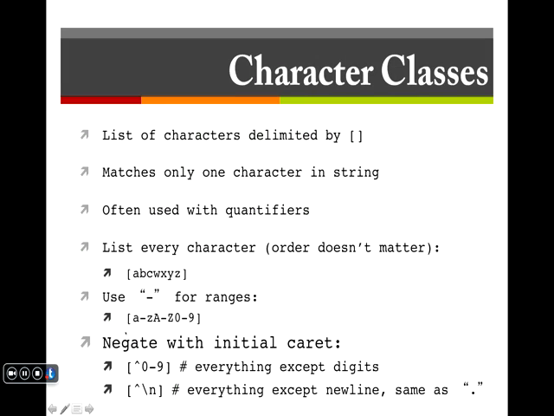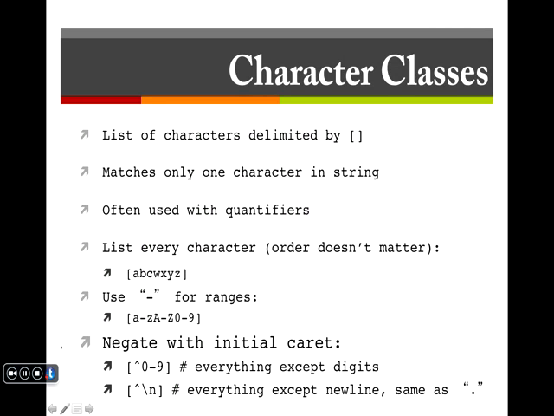Now, to make it much easier for us, there are character classes, and these are identified by using the square brackets. So for example, here it matches only one character in the string, remember that, only one.